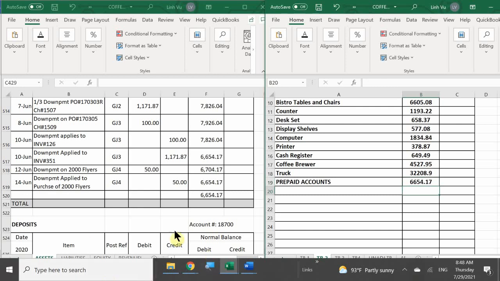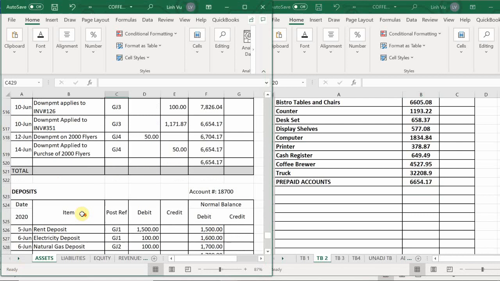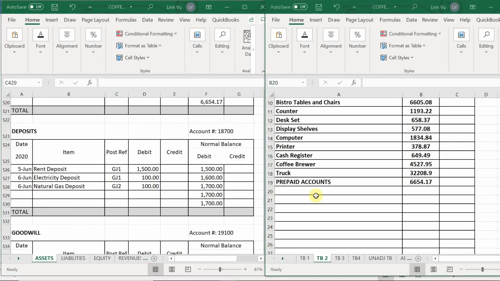Okay. See what else is here. We got some deposits. How much are the deposits worth right now? 1,700.